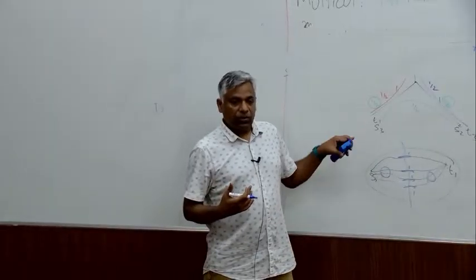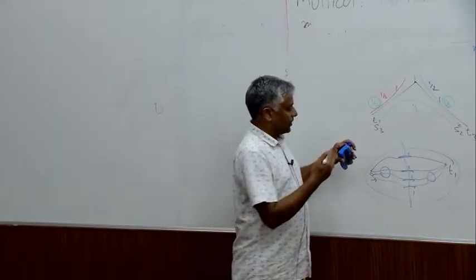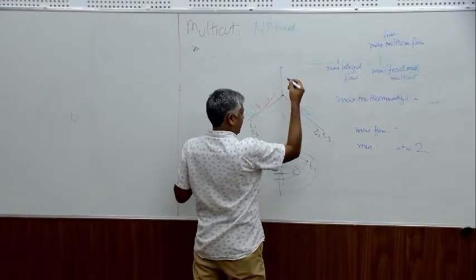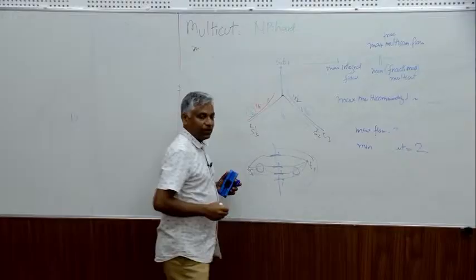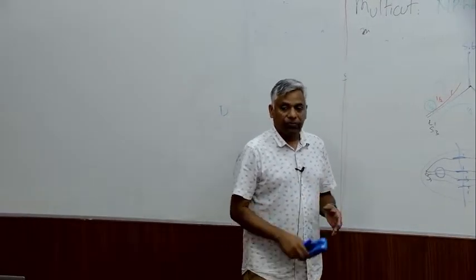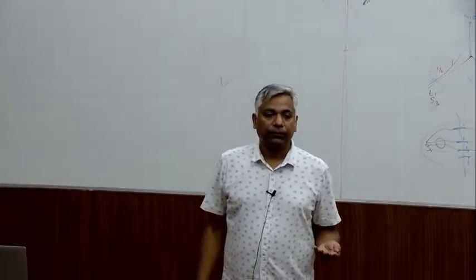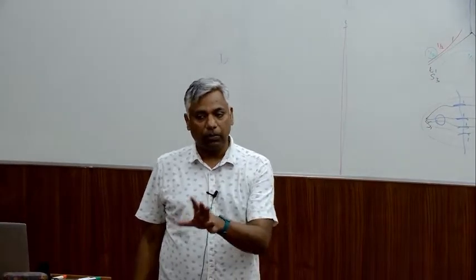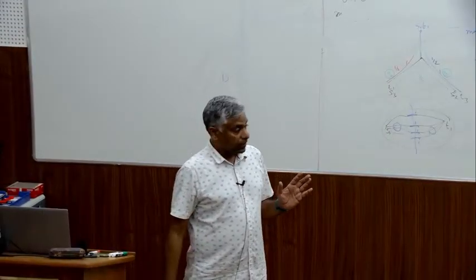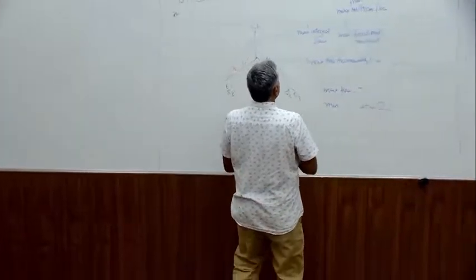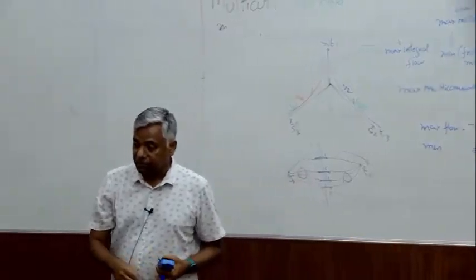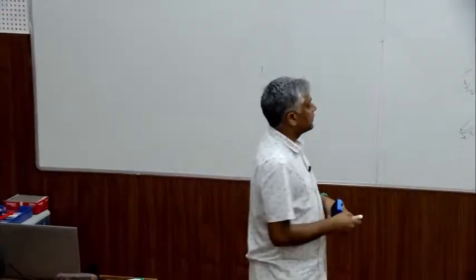In this example, what's the maximum integral flow? S1 T1. What's the maximum integral flow? 1. You can only send one commodity integrally. After that, the game is over. So the maximum integral flow in this picture is only less than the maximum fractional flow, which is 3/2.